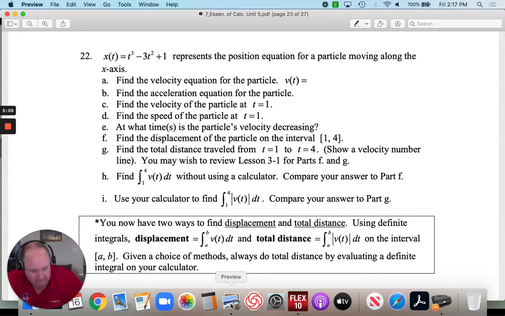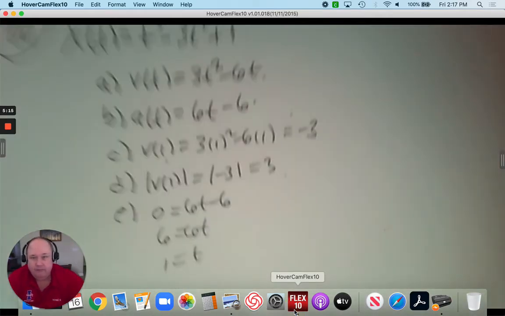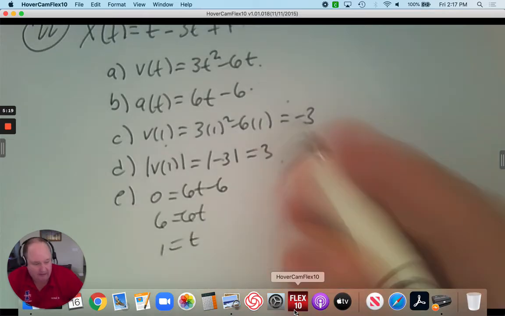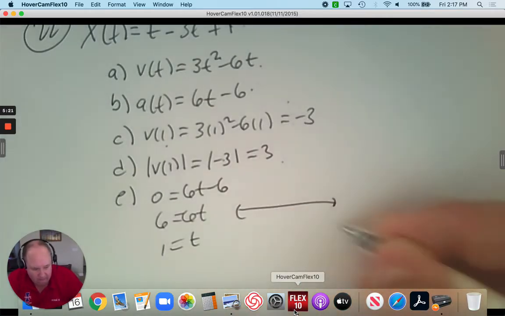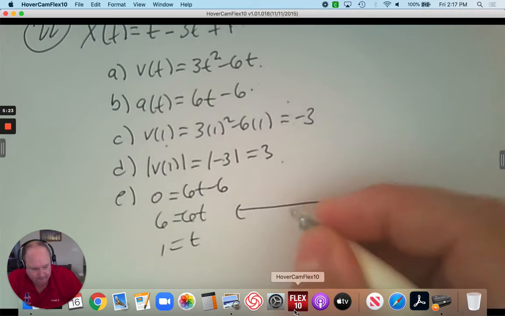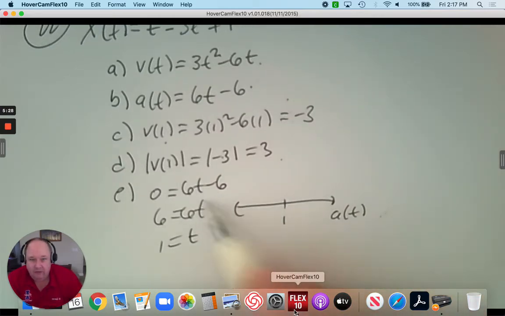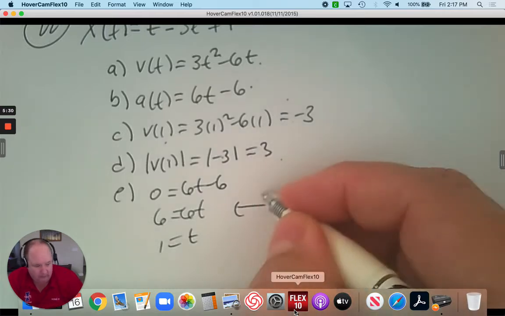So I take the acceleration, make it equal to 0, and solve it. I'm going to add 6 and divide. I'm going to draw a number line for acceleration. Into the acceleration, if you plug in a number smaller than 1, it's negative.